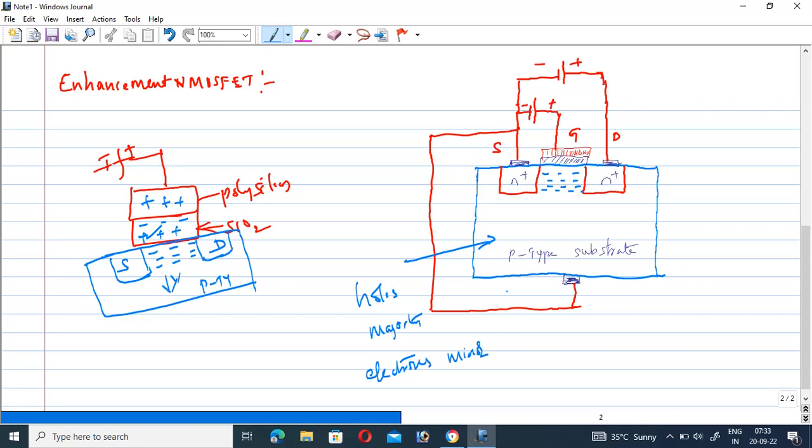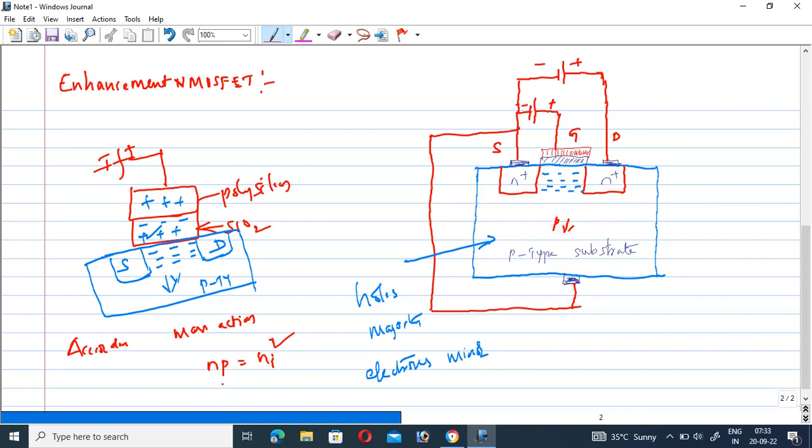According to the mass action law, np is equal to ni squared. So what happens in this case? In this case, the p region holes are decreasing downwards.